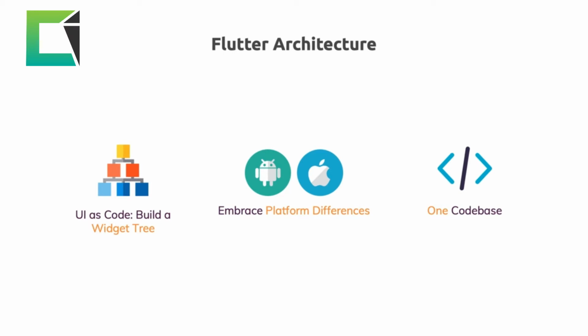Because Android and iOS are not exactly the same. They're not just for different phones, they do have some small differences. And sometimes it doesn't matter to you, but if it does, Flutter gives you the tools to find out on which platform you're running, so that if you're on Android, you can execute code A, and if you're on iOS, you can execute code B. So Flutter gives you the full flexibility there.